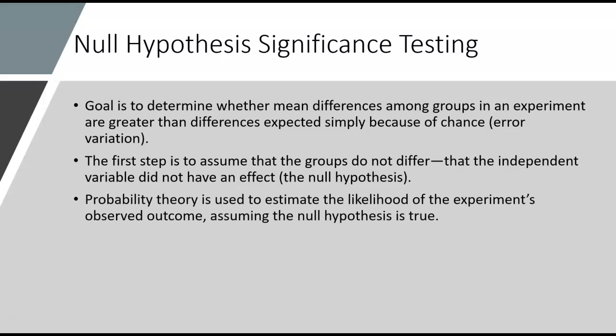Then you use probability theory. Actually, it's mathematicians who created a system for using probability to estimate how likely it is that the results you actually got are going to be produced by mistake through error.